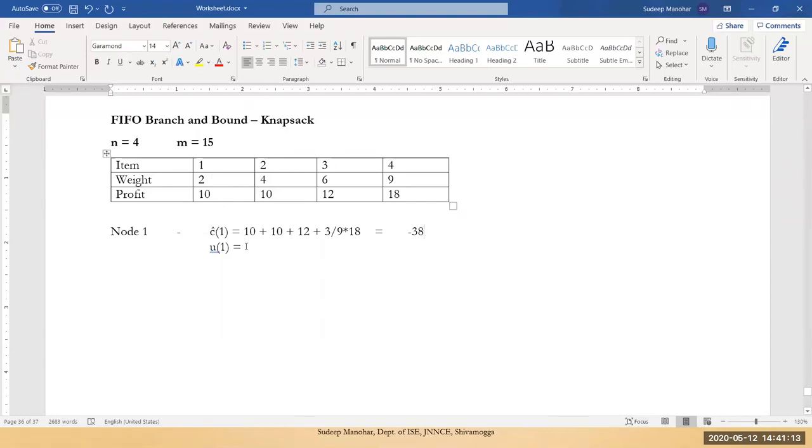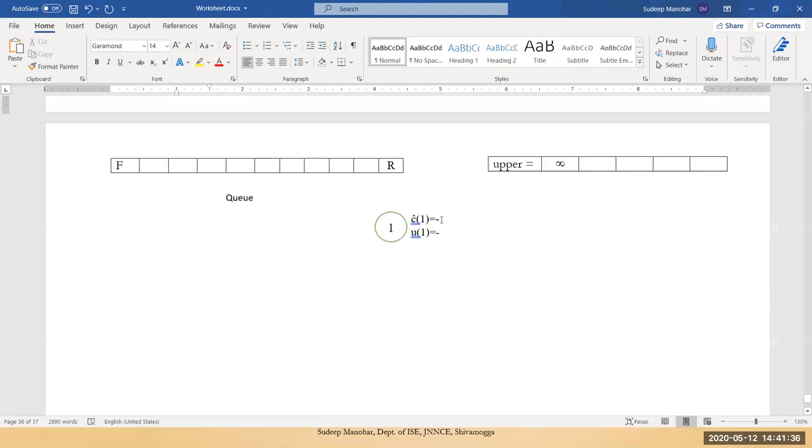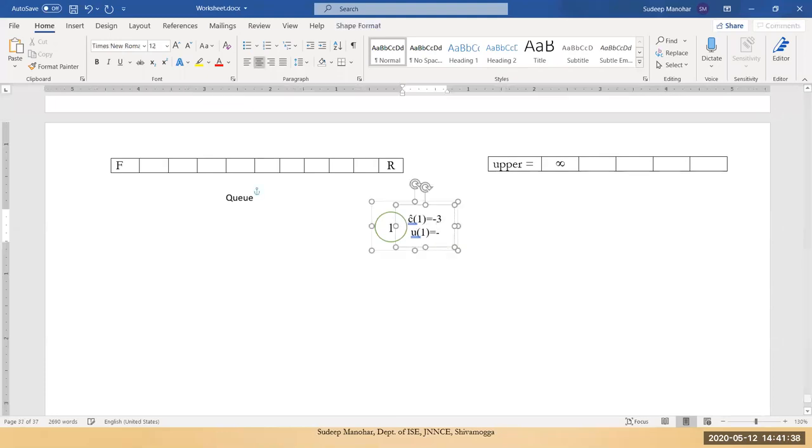And without fraction means only the first 3 items are considered. We won't consider the next item. That means the fourth item is not considered. Therefore, 10 plus 10 plus 12 is minus 32. Enter the values here: minus 38 and minus 32.